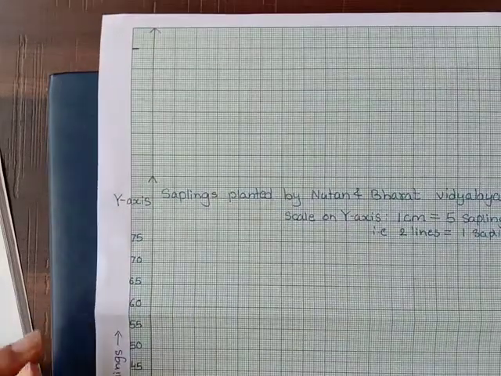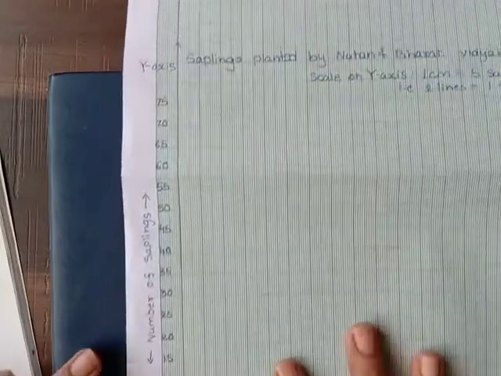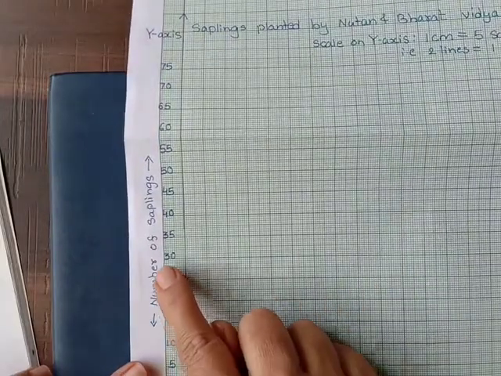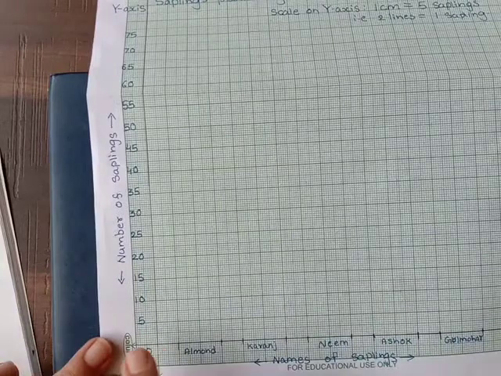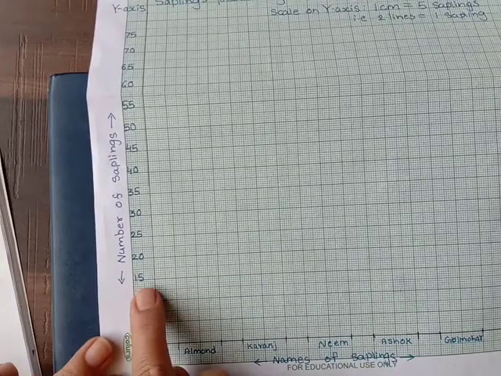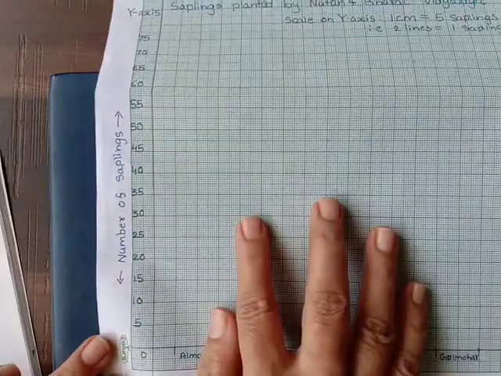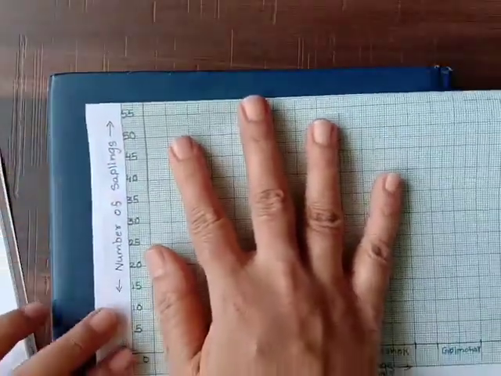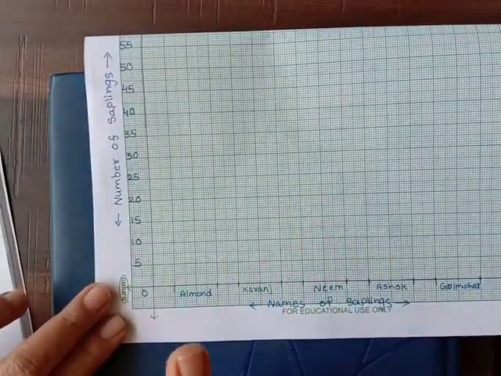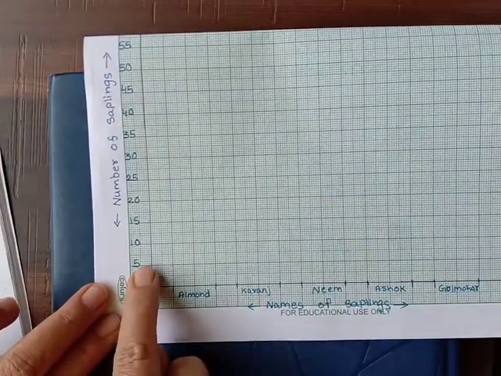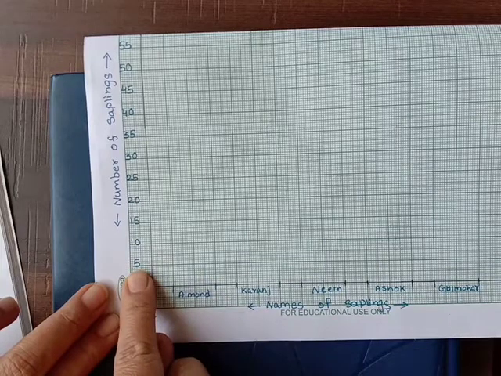Now second important is about the y-axis. On the y-axis what we have shown? Number of saplings. So what is the scale? 5, 10, 15, 20, 25, 30. That means if you look very strictly at the scale which I have used, then writing the scale is very important. From 0 to 5, so 1 centimeter there are 5 saplings.